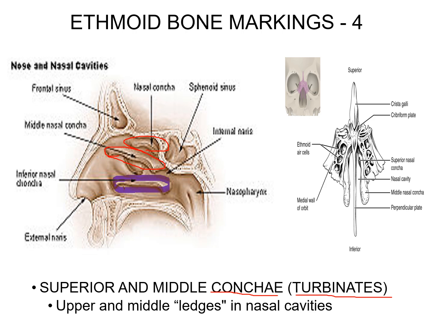Now, what these do is they make ledges so we can have passageways or valleys so the air that we breathe in through our nose can travel through. It's making this cool little funnel apparatus so our nose can funnel the air eventually to our trachea and to our lungs.